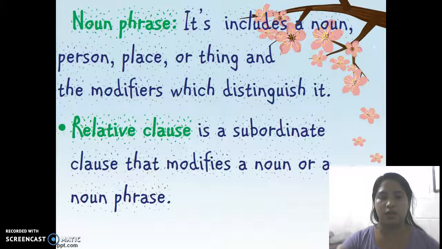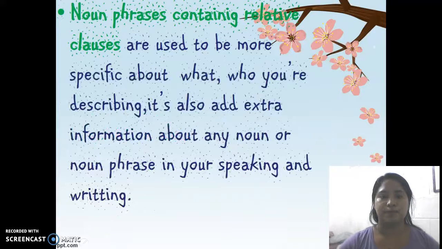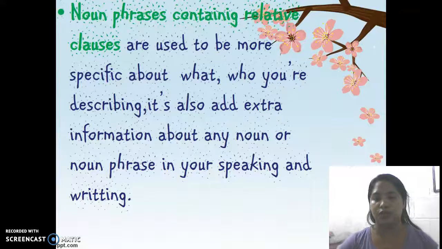A relative clause is a subordinate clause that modifies a noun or a noun phrase. Noun phrases containing relative clauses are used to be more specific about who you are describing. It also adds extra information about any noun or noun phrase in your speaking or writing.